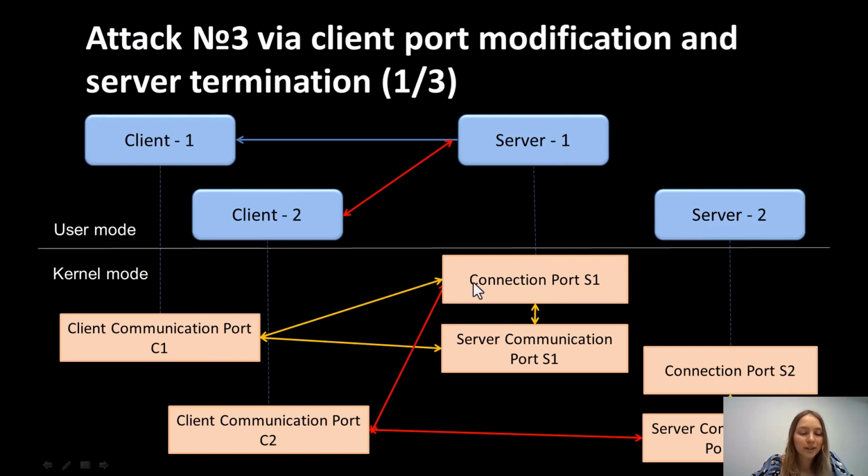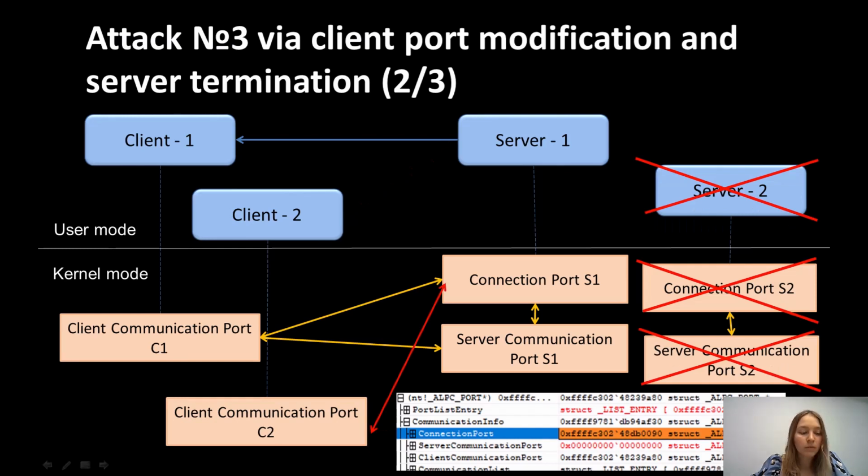Client C2 is connected to server S1. Secondly, the blinded server S2 is terminated. If we check the ALPC logs, the message about the incorrect ALPC connection will be only in the blinded server's logs. So, the attacker can terminate the blinded server in order to hide the attack.